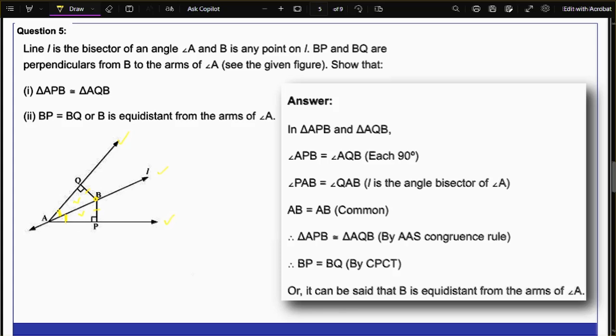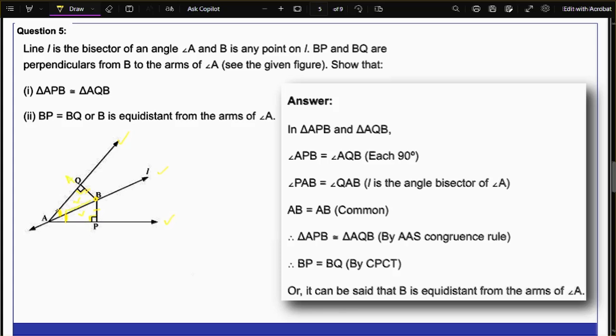It is clear that these two angles are the same, as given, and angle Q equals angle P. These two angles are also the same because BQ and BP are perpendiculars, and side BA is the common side of these two triangles.